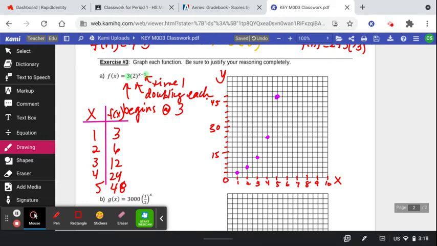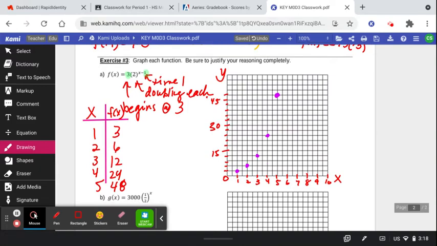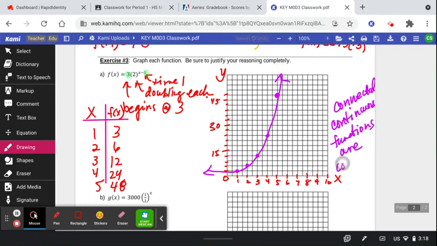This time, because this is a function, f of x equals, we are going to connect this function because functions are continuous.